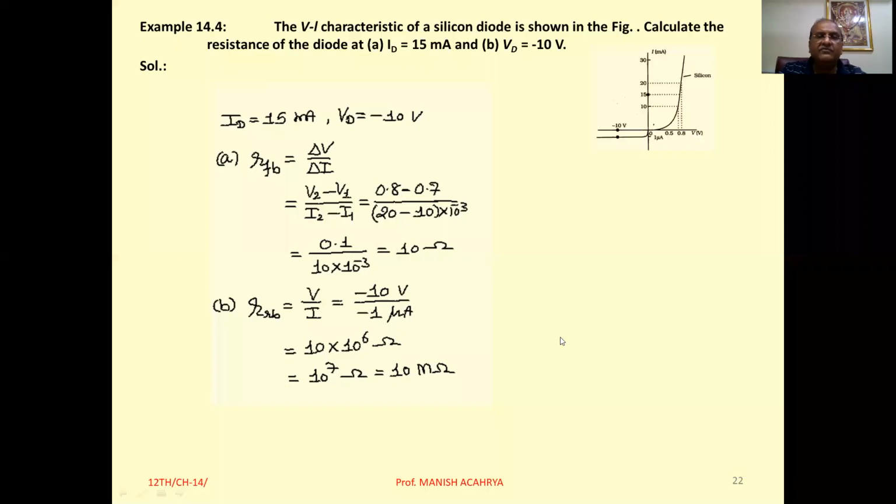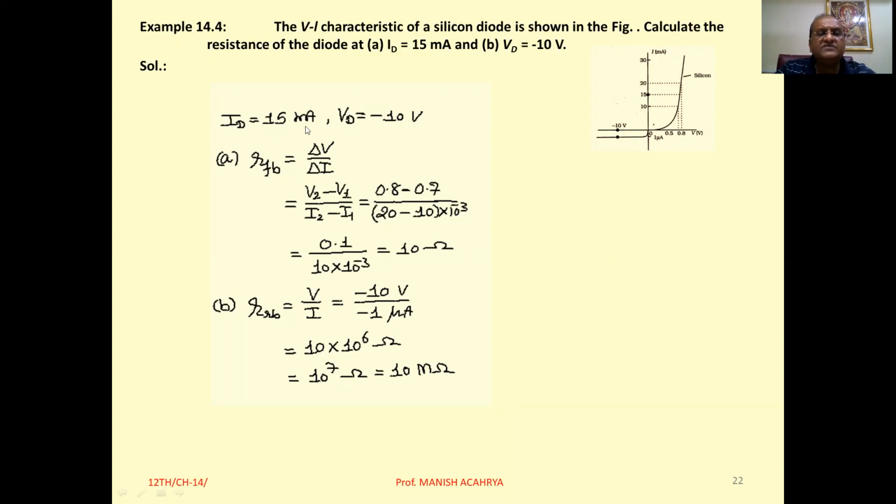Example 14.4. The VI characteristic of a diode is given. Calculate resistance of the diode at A, ID equal to 15 milliampere, and B, VD equal to minus 10 volt.